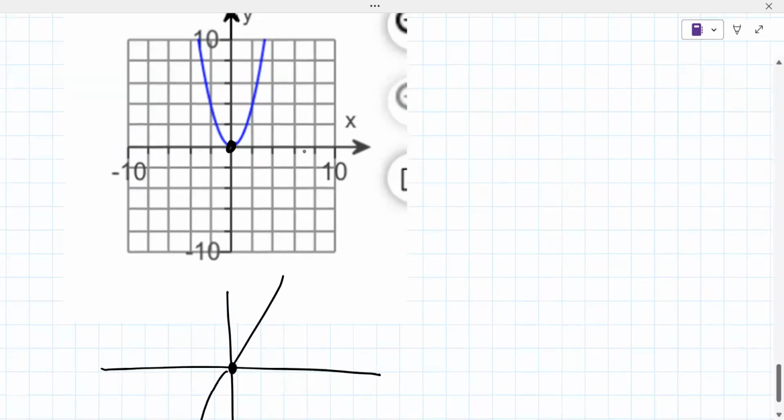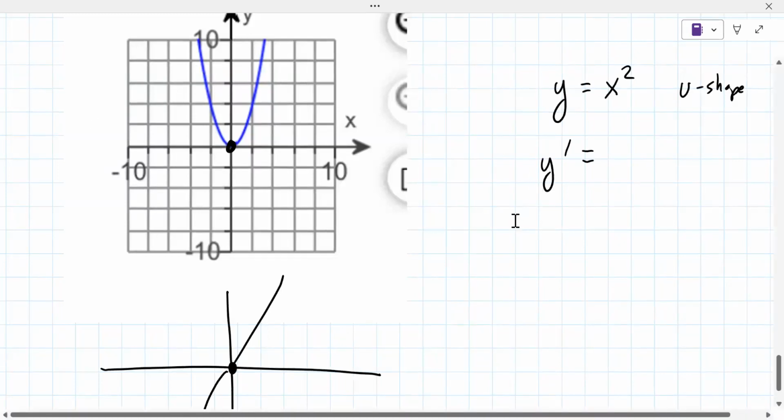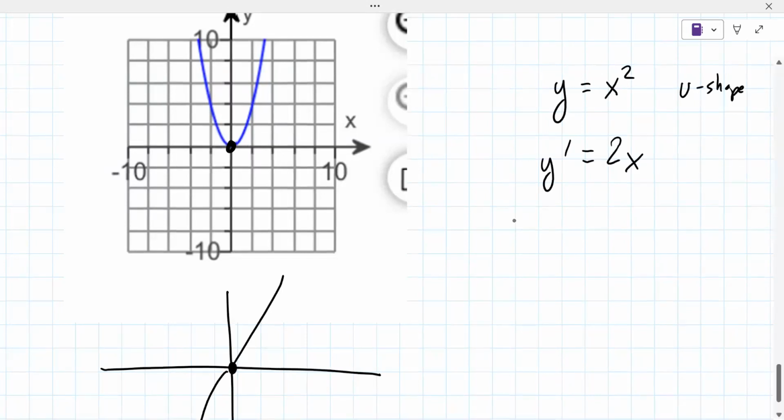Now, if the original is a quadratic, what is the derivative? I can't remember what a quadratic looks like. Well, a U. I'm just asking you the power rule. The quadratic is the U shape. What's the derivative of x squared? It's going to be 2x, and that's the equation of a line. Sorry, I thought you were asking about the shape.